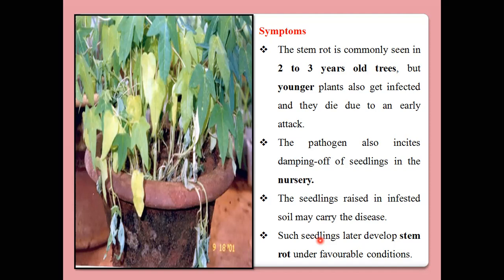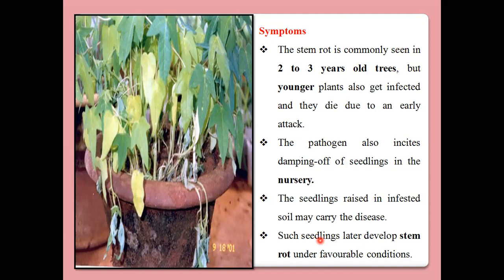See the basal portion of these seedlings, on which brownish lesions develop at the collar portion, just above the soil line.